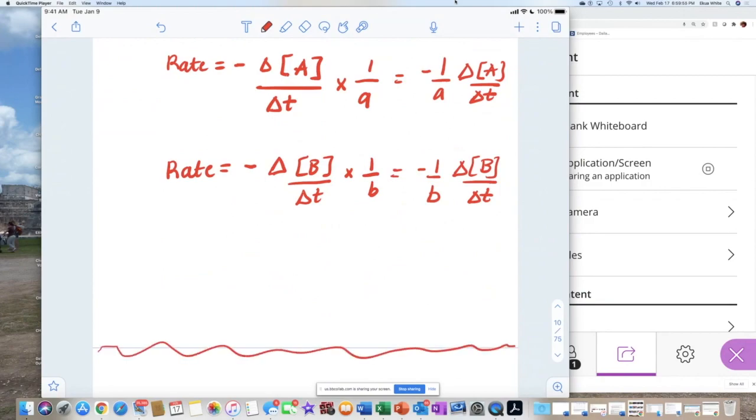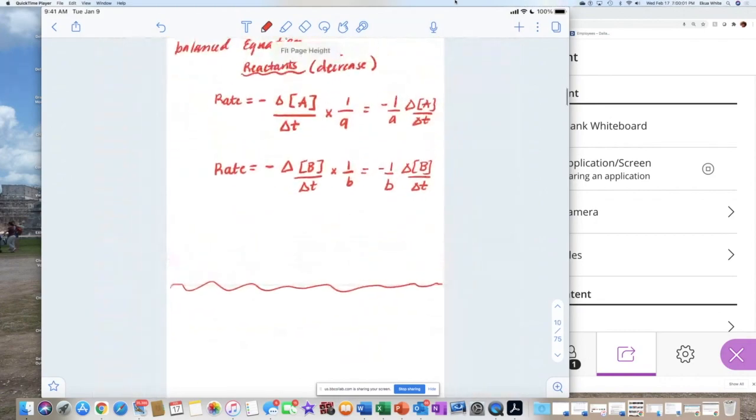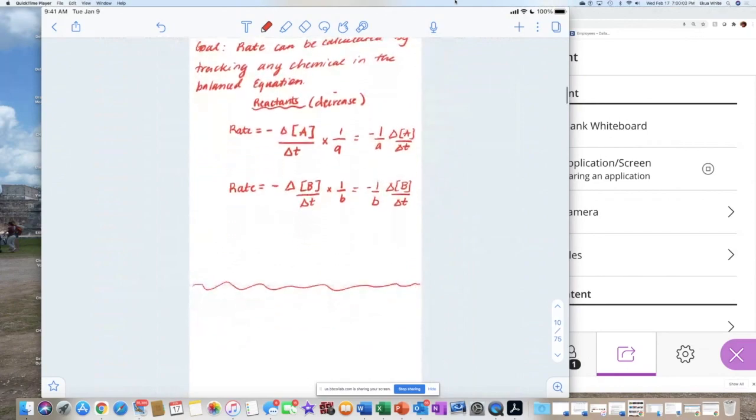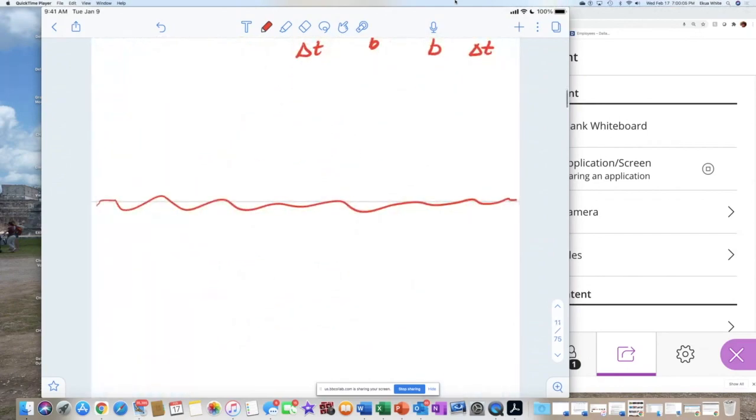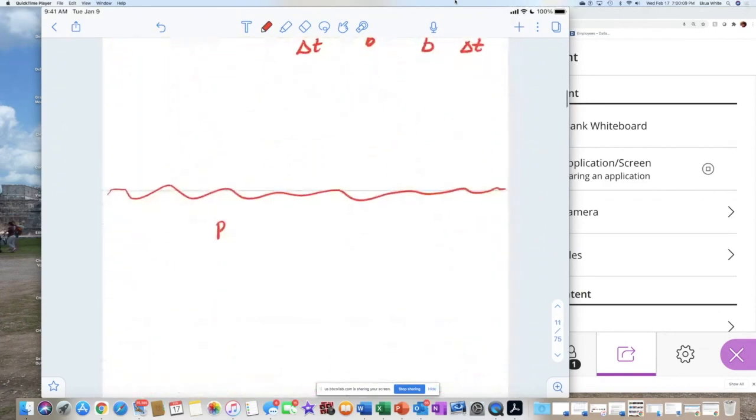Now I'm going to be dealing with the product. I'm going to give a general term here where I bring in what I raised earlier. Okay? So over here, for my products, so I got C and I got D. Okay. Since I'm dealing with products, they are increasing. Increase. So remember, we're going to use a positive or leave it out.